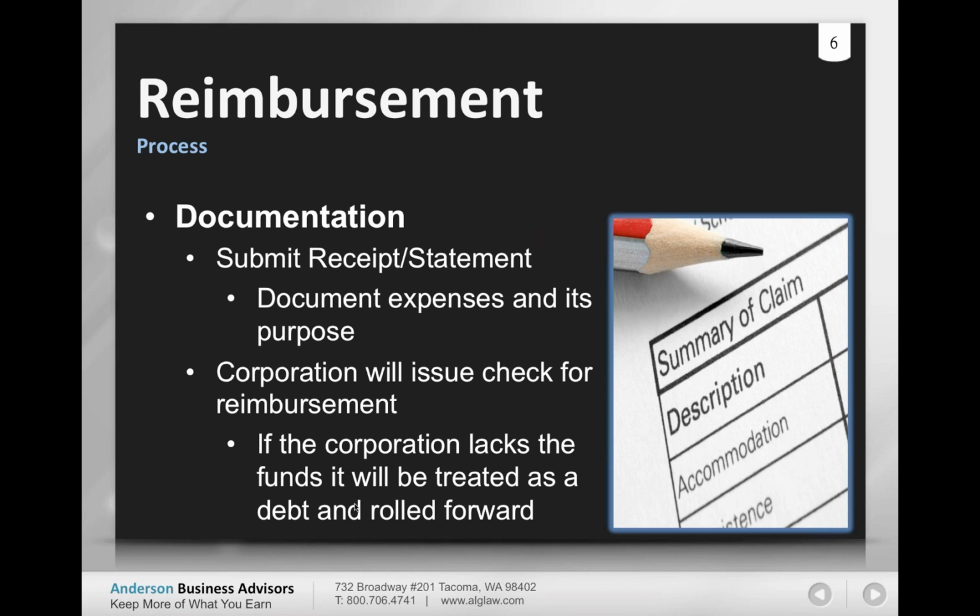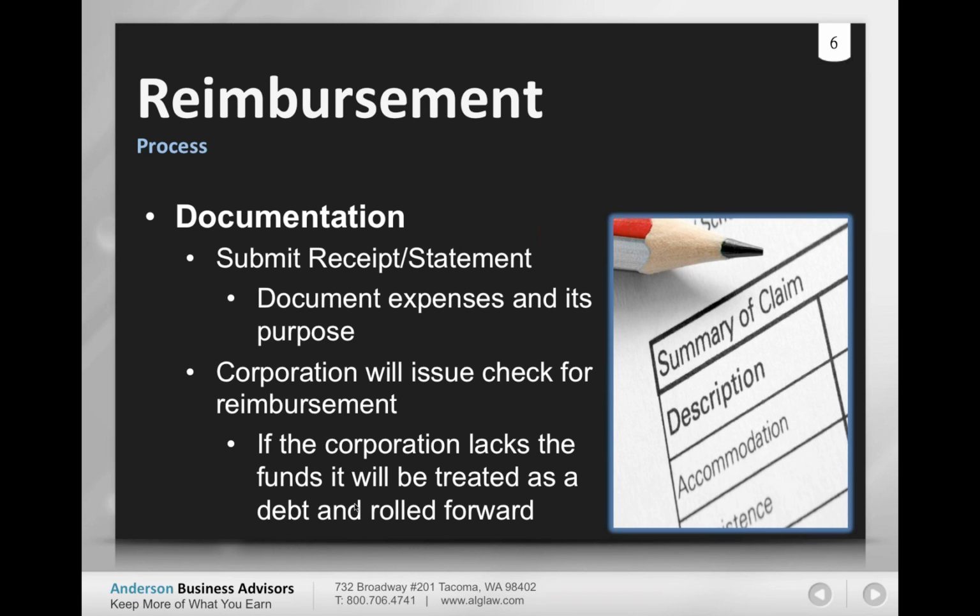And for example, if it just says Best Buy on there, well, I'll make a little notation that I bought a printer toner on that statement. And then I'll give a copy over to my corporate treasurer for reimbursement of that expense.